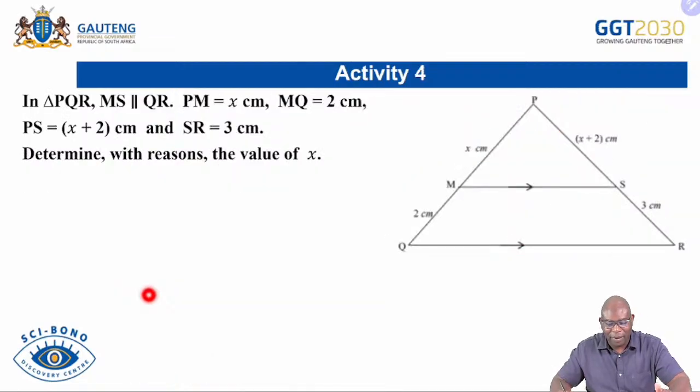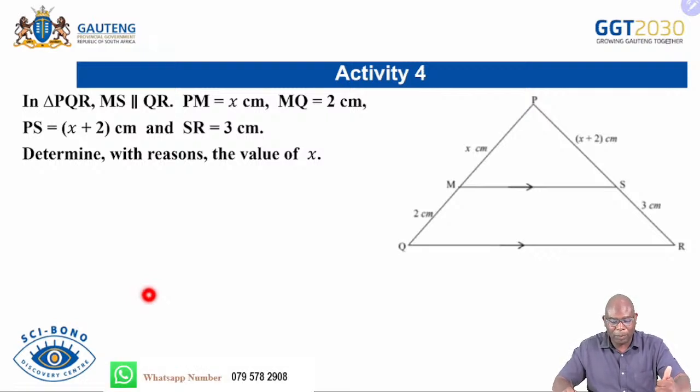Right. The next activity, it's straightforward and simple. The next activity talks about a triangle being given. All the sides, what do I know about this? How do I know it's proportionality theorem? Once I see lines that are parallel, this line is parallel to that, then I immediately know, oh, this is a proportionality theorem.